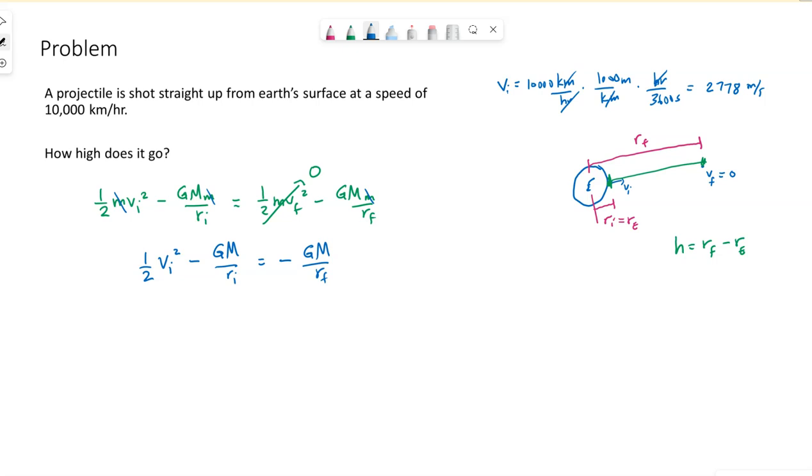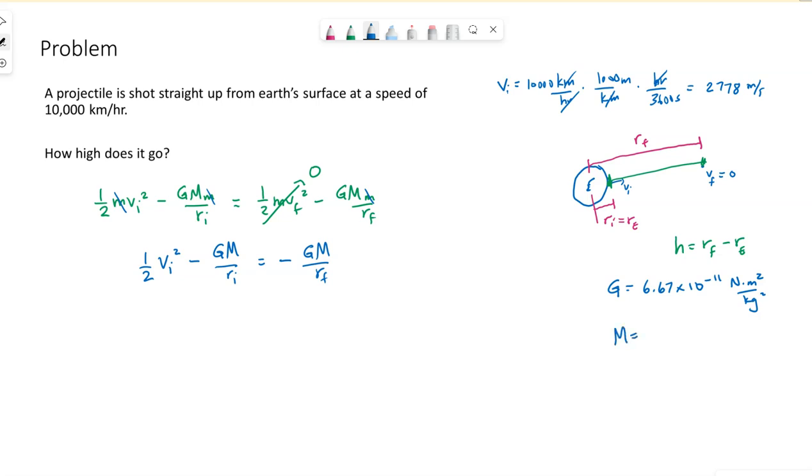The initial speed we have, and we did need to convert that to meters per second. Capital G is our constant, which we can get from the test notes. Capital M is the large object, the Earth.